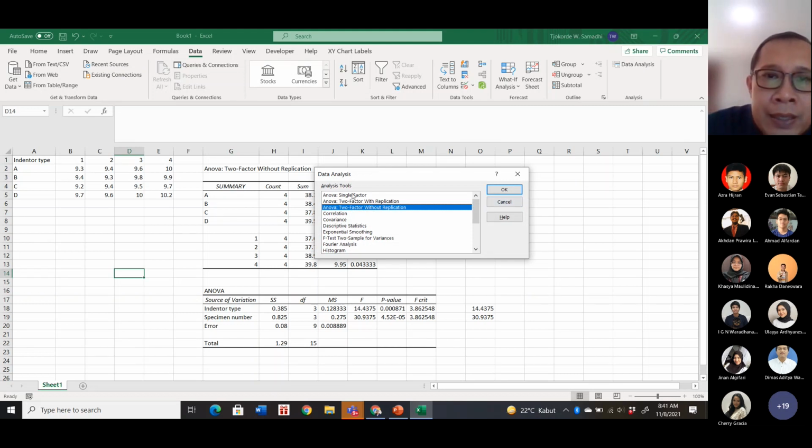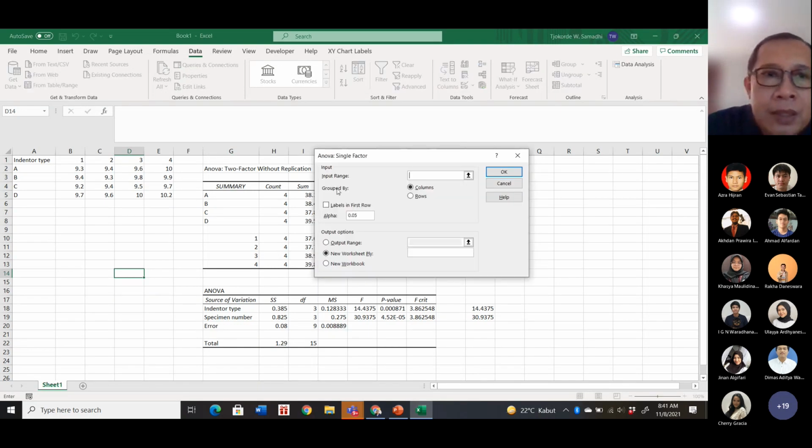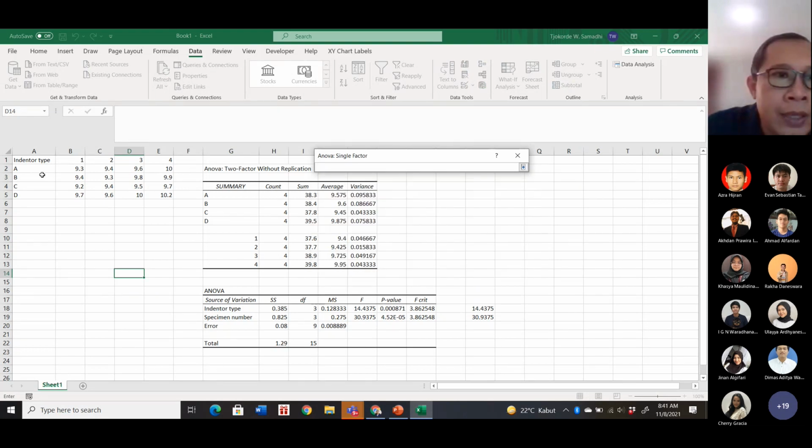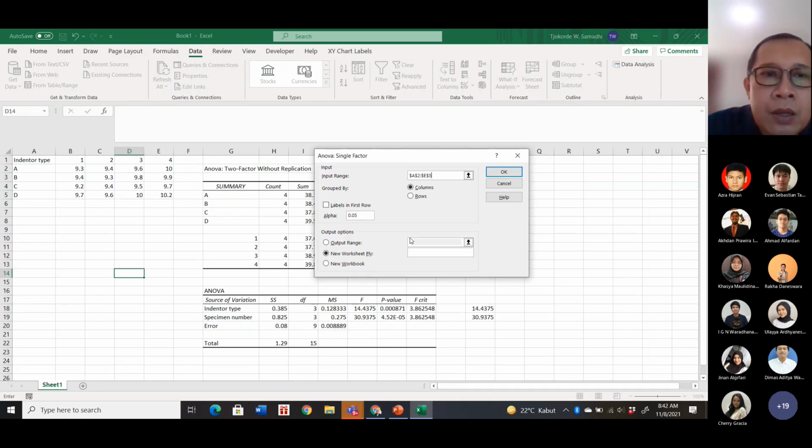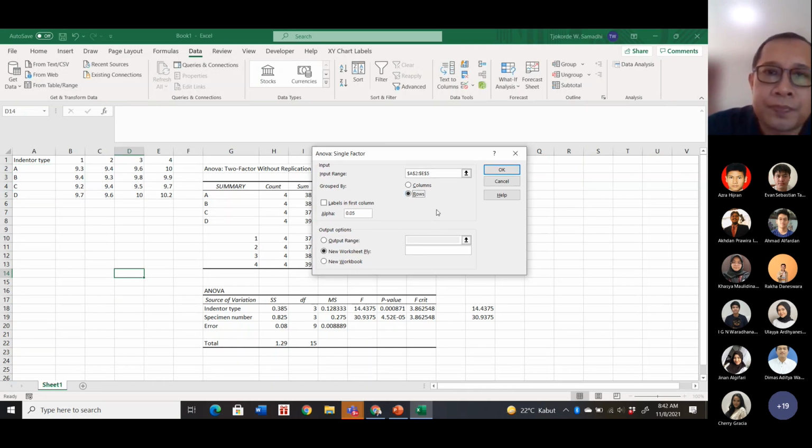Okay, ANOVA single factor. Click OK. Yeah, and this is the input range, like this. Group by rows. The experimental results are sorted by rows, okay, and labels in first column.